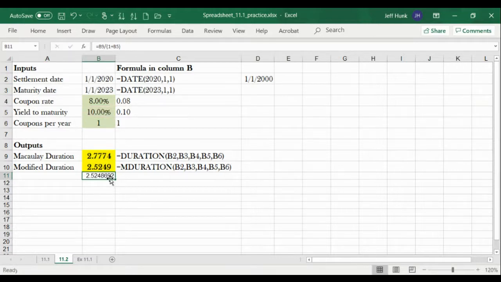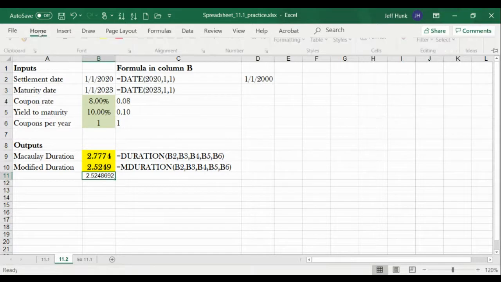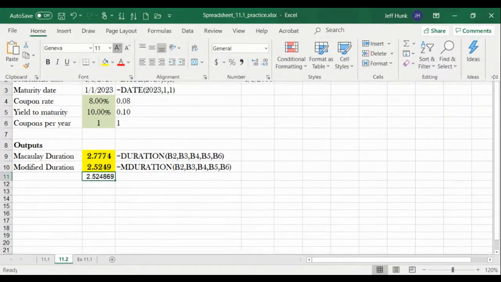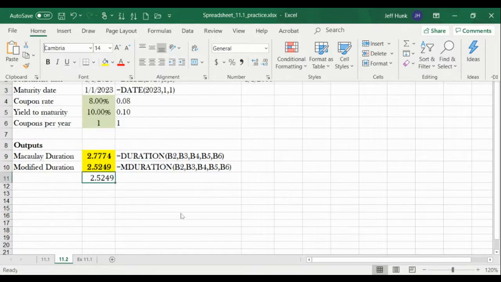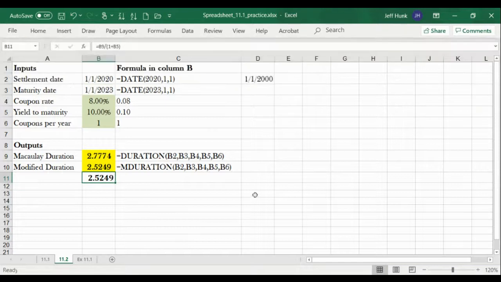There you go. I got the same number, right? Okay, got the same number.